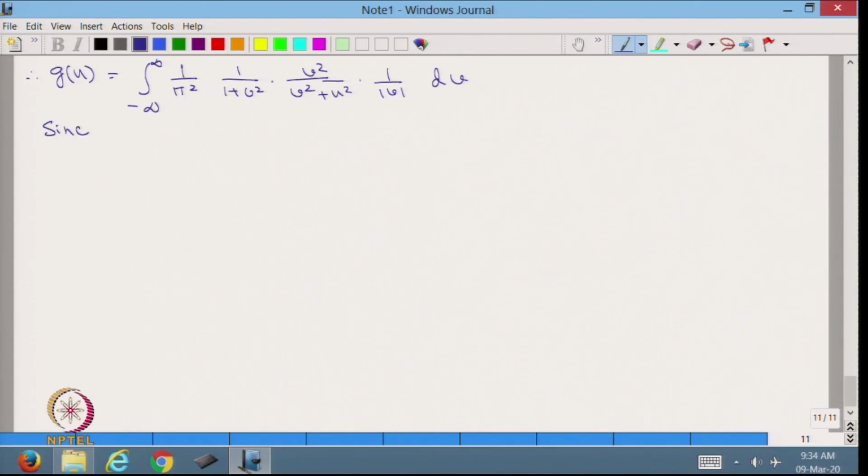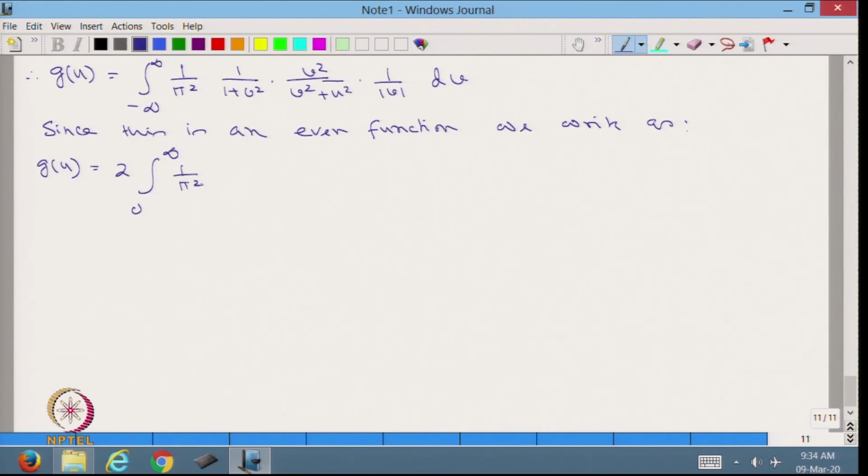Since this is an even function, we write g of u is equal to 2 times the integration from 0 to infinity of 1 upon pi square, 1 upon 1 plus v square, v upon v square plus u square dv.